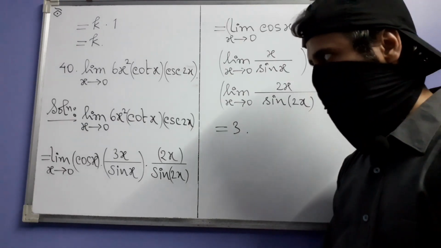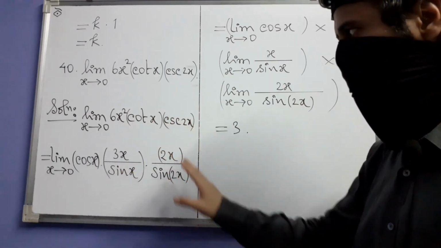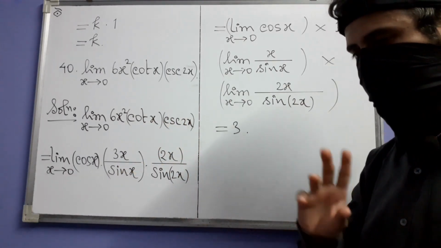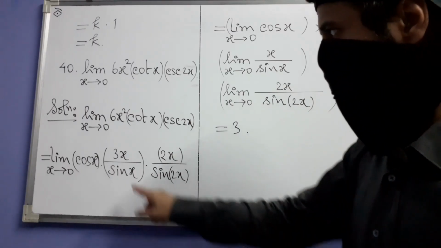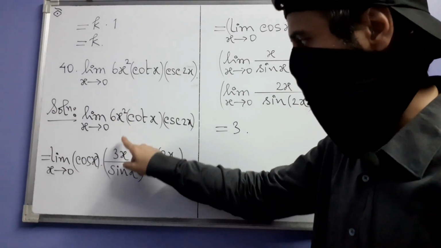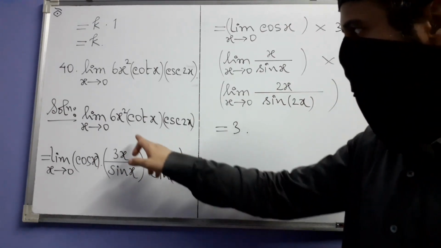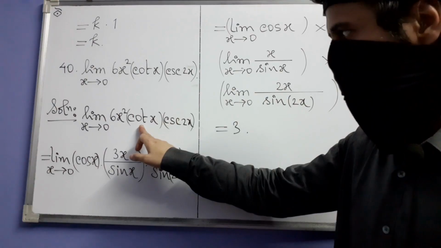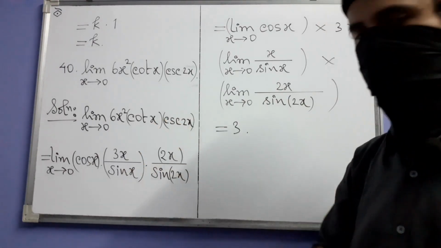So for this solution, we rearrange its different parts. For example, in place of 6x square, we write 3x and 2x. We split cot x. Split means we write what cot x is, cos x divided by sin x.